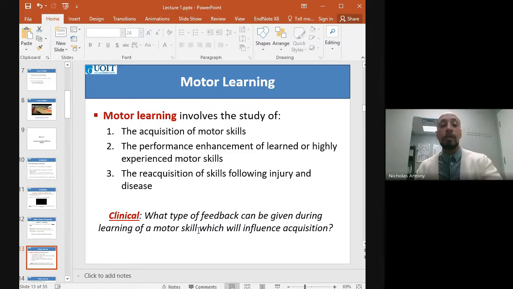So all of these three topics involve motor learning. We're evaluating the learning of motor skills originally, to optimize from an amateur to a pro, and how to reacquire skills that you've lost as a result of a non-neurological impairment or some other type of injury.